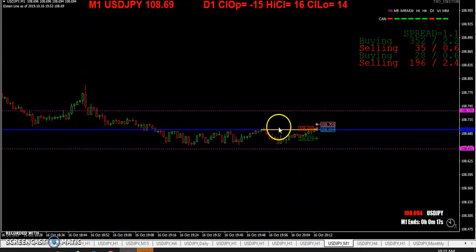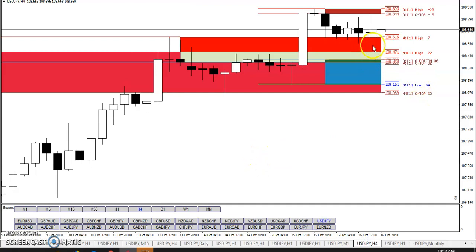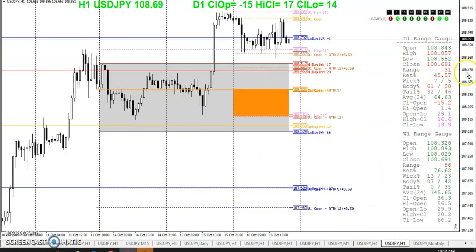You can see the Einstein line right here. We haven't moved since I opened the profile. And you can see where the wick zones are here. But I'd like to show you this again. This right here is the opening range for the first day. You see yesterday price left it.